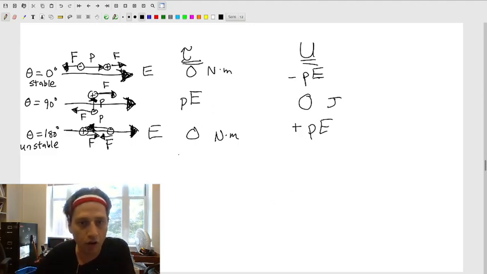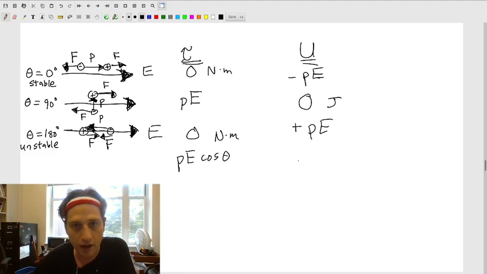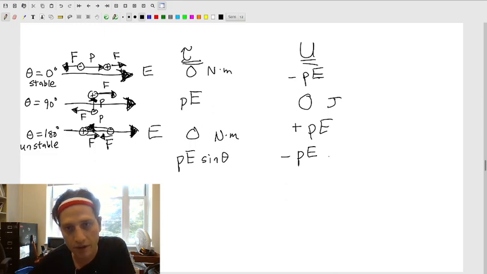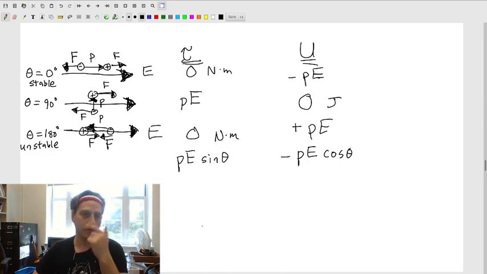And overall, here the magnitude of the torque is going to go as P times E times sine of theta. And here the potential energy is going to go as minus P times E times cosine of theta.